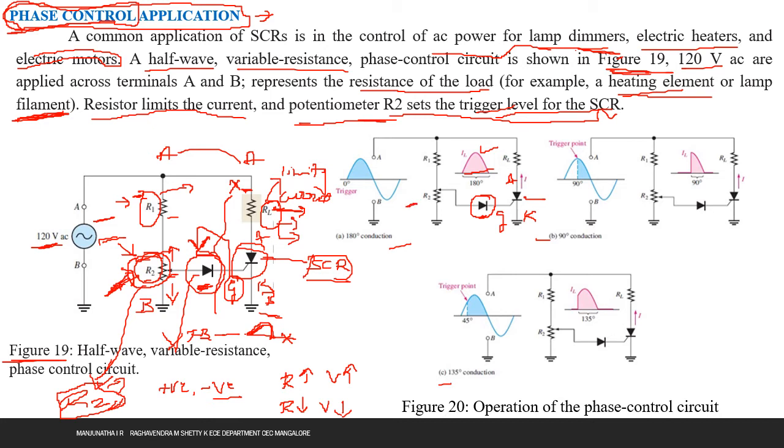That resistance is R2. So whether it is going to conduct the full positive half cycle or only a particular portion, it will be decided by this resistance R2 from the potentiometer.